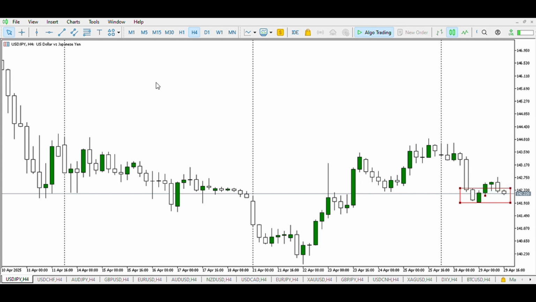Mark 50%. Once you mark 50%, scale down to a lower time frame.